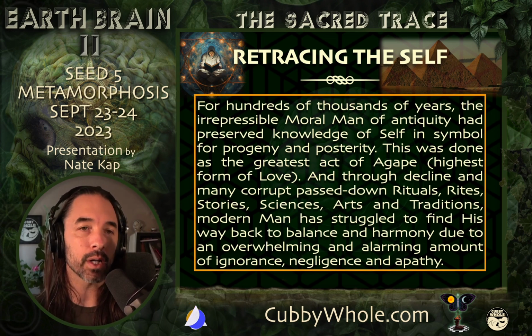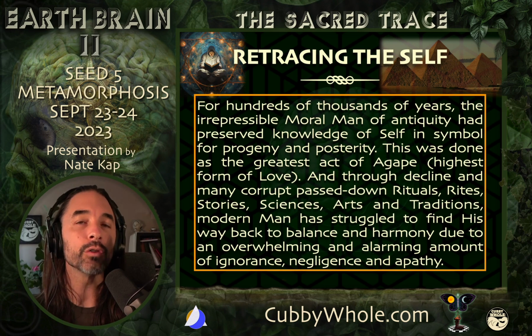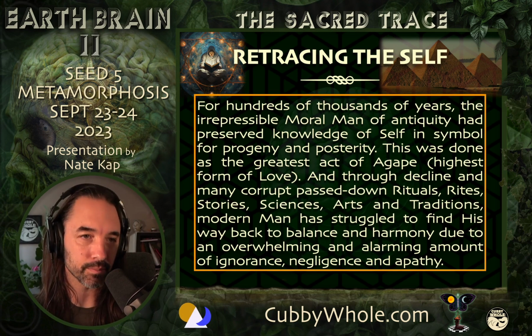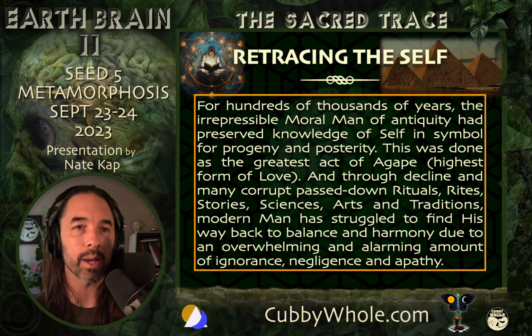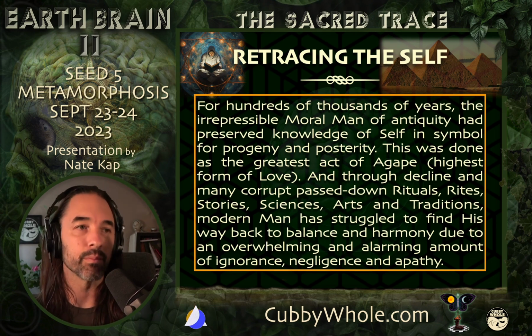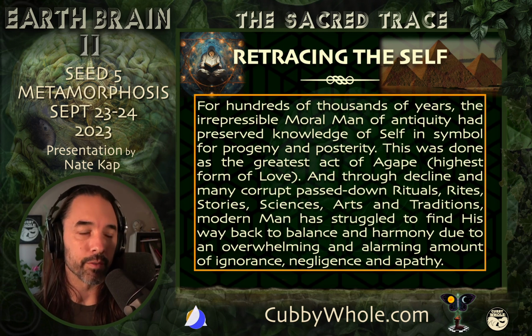Through many corrupt, passed down rituals, rites, stories, sciences, arts, and traditions, modern man has struggled to find his way back to balance and harmony, due to an overwhelming and alarming amount of ignorance, negligence, and apathy. So let's not do that anymore. Let's get back to caring and retracing ourselves, so we don't keep making the same mistake over and over again, and get back to preserving very important information.